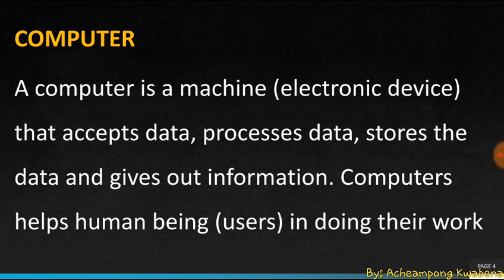So whenever we type on a computer keyboard, whatever we type goes into the computer as zeros and ones. That means 0, 1, 0, 1 in that order. So that's how the computer accepts whatever we type on the keyboard.